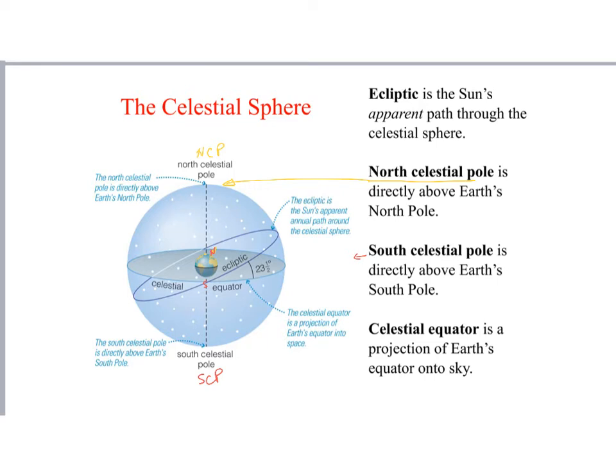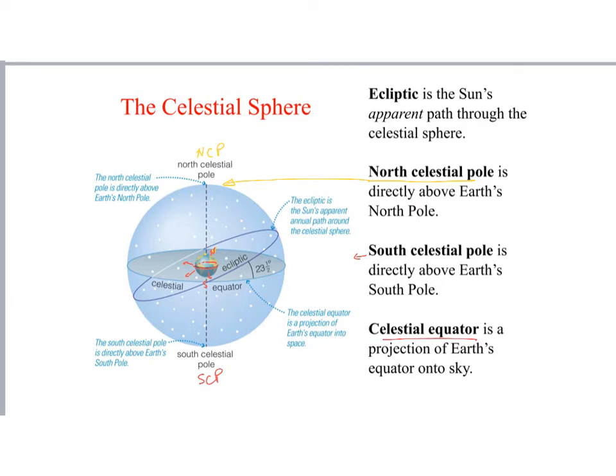Along the same lines, you have the equator of the Earth, and you project it out, and it meets the celestial sphere at the celestial equator.